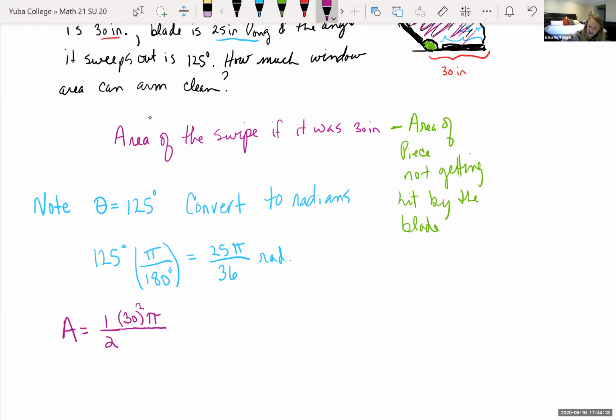And then the area of the littler piece, that's 1/2. Well, the radius of that little piece, well, that's 30 inches for the whole thing minus the 25 for this black piece. And so that's just 5 inches. So 5 squared times pi.